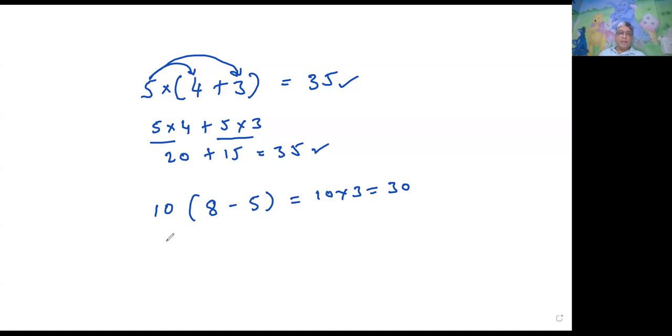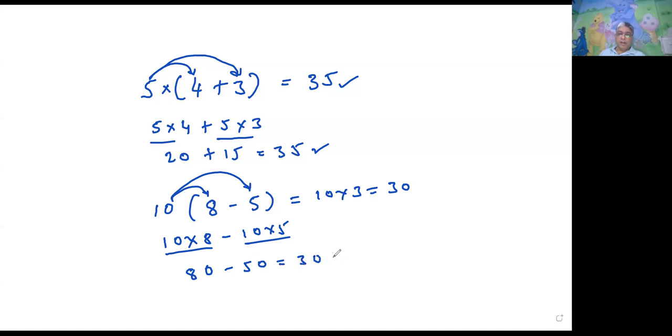Now I distribute here: 10 into 8 minus 10 into 5, which will be 80 minus 50, which is 30. Understood? So multiplication is distributive over addition also, right? 5 into 7 is equal to 35.